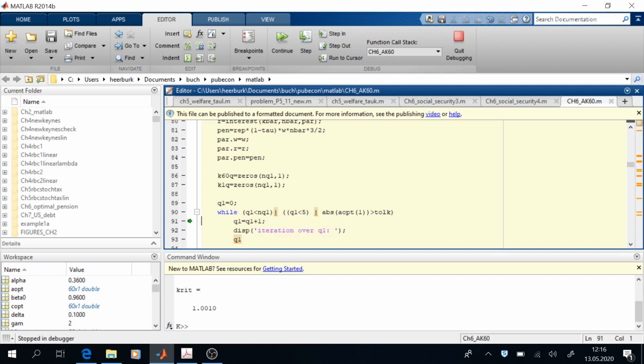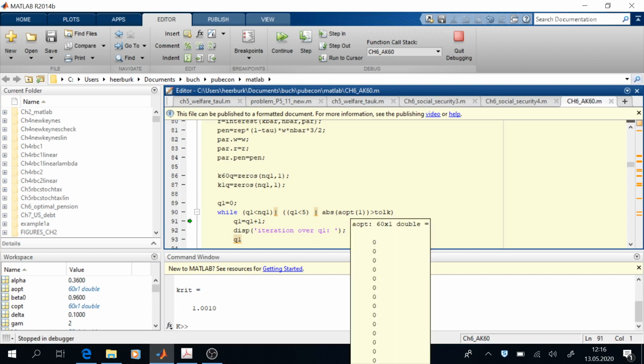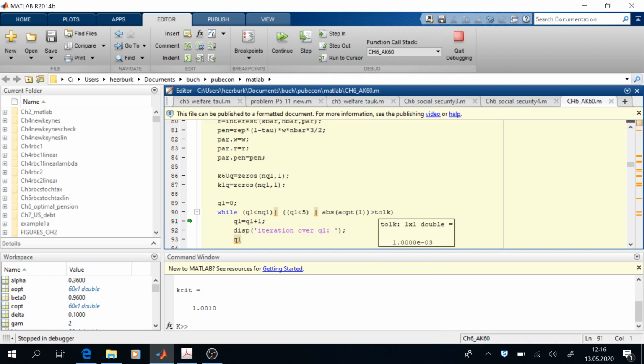And we stop this loop if the absolute value of A1, our initial capital stock that we found in the iteration, is smaller than 0.001. So if the initial level of wealth is found to be between minus 0.001 and plus 0.001, we are done. And we do this at least over 5 iterations.